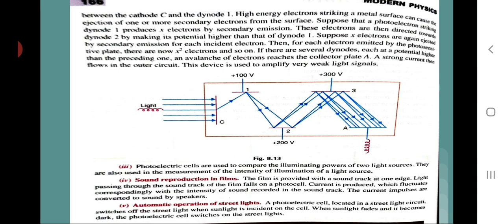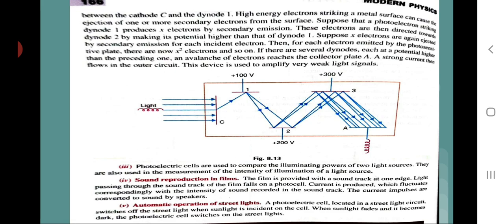Suppose that the photoelectron striking dynode 1 produces X electrons by secondary emission. These electrons are then directed towards dynode 2, by making its potential higher than that of dynode 1. Suppose X electrons are again ejected by secondary emission for each incident electron, then for each electron emitted by the photosensitive plate, there are now X squared electrons, and so on.